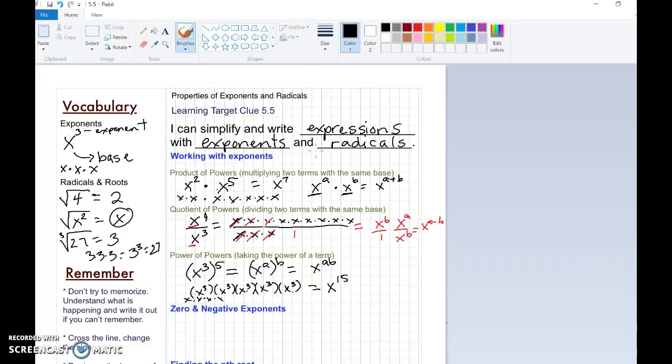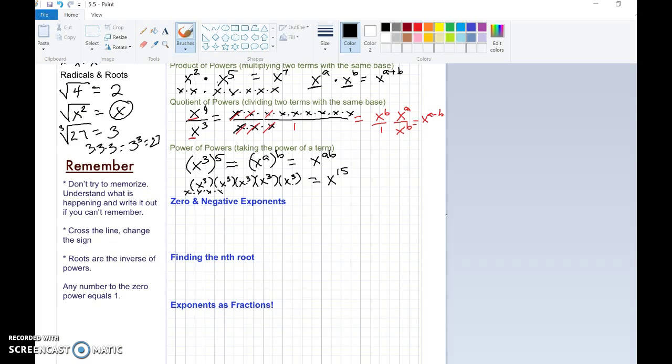Let's talk about zero and negative exponents, shall we? Now, I've already told you that any number to the 0 power is equal to, not x, it's equal to 1.